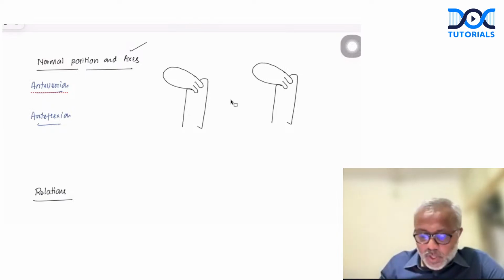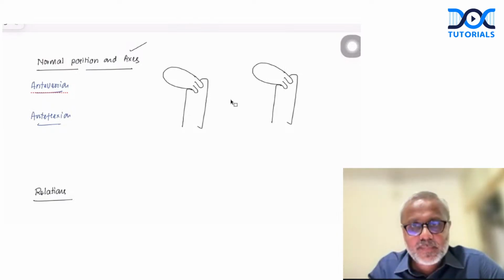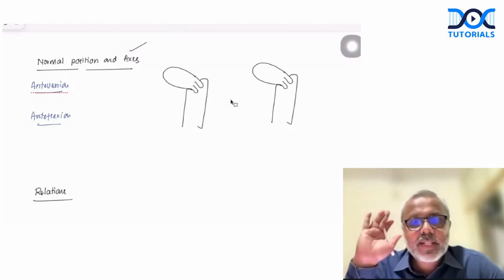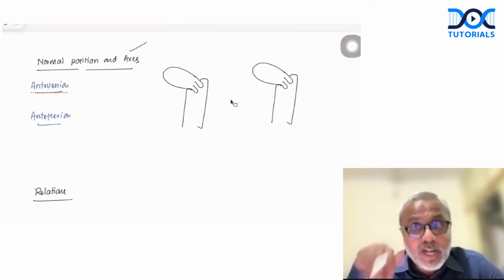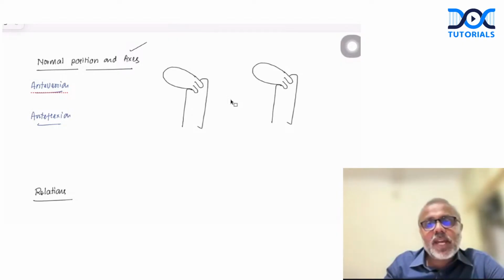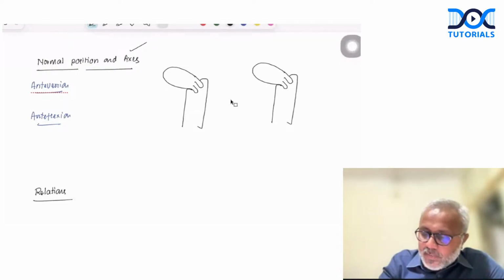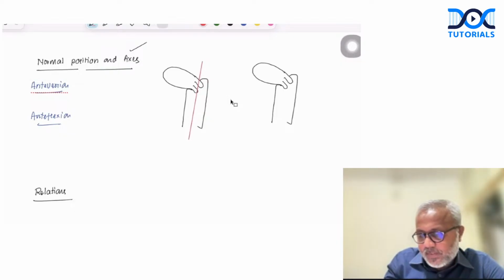Done. Now, what do we mean by anteversion? Both are angles, correct? Both are angles which keep the uterus in its position and prevent it from prolapsing. In case of anteversion, we draw a line along the long axis of the vagina.